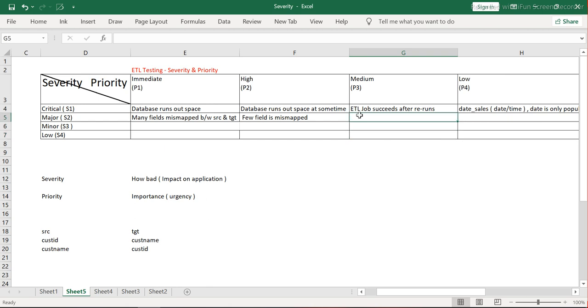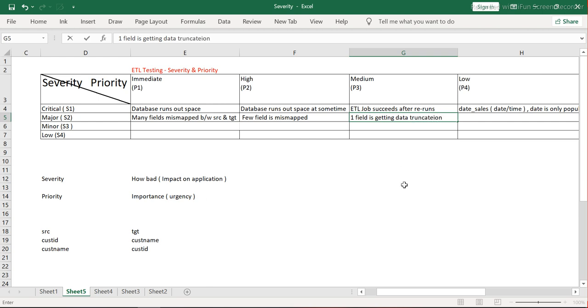Now here, if you look at it, I will say medium. Medium means there is a small issue, maybe one issue, right? So I'll say one field is getting data truncation.